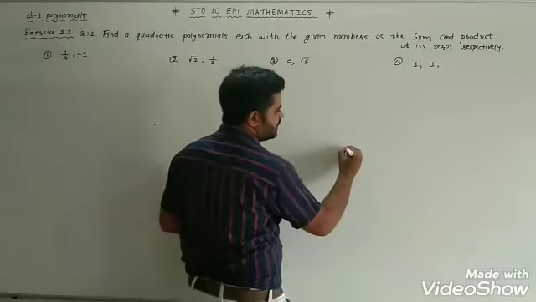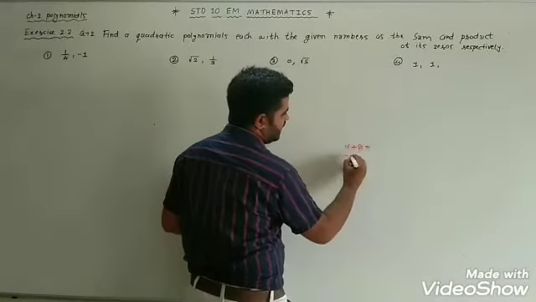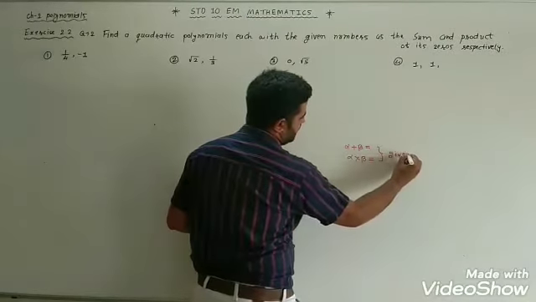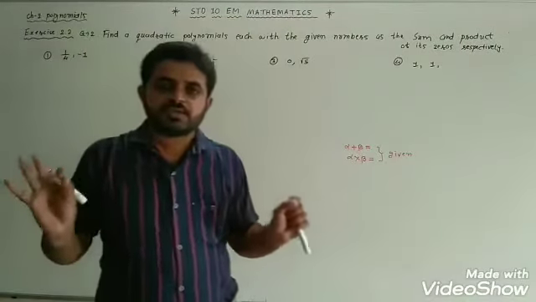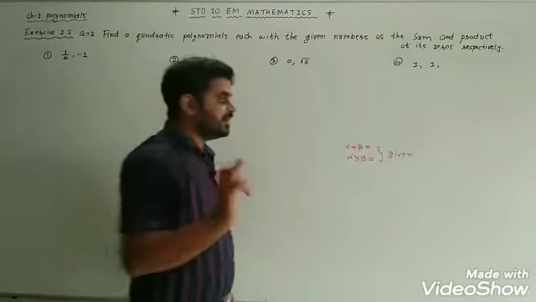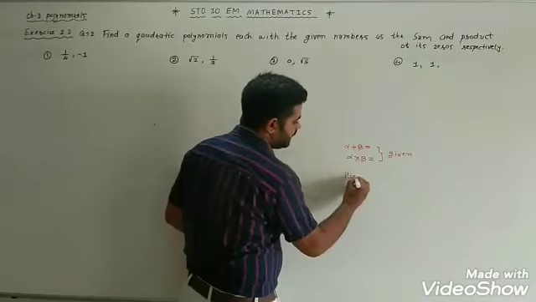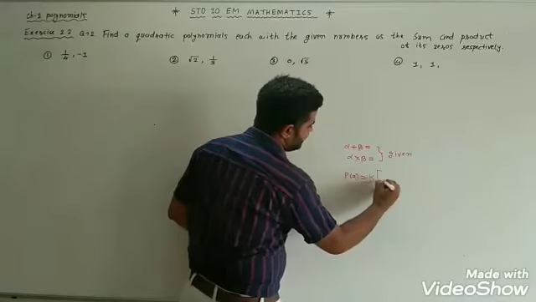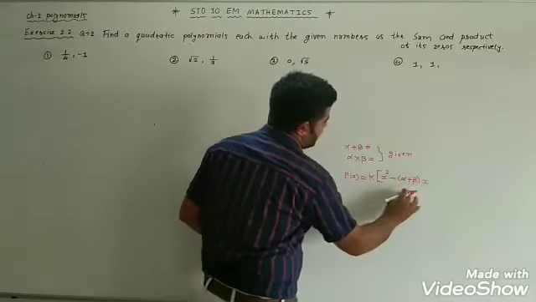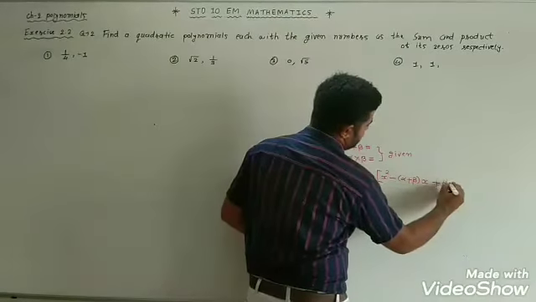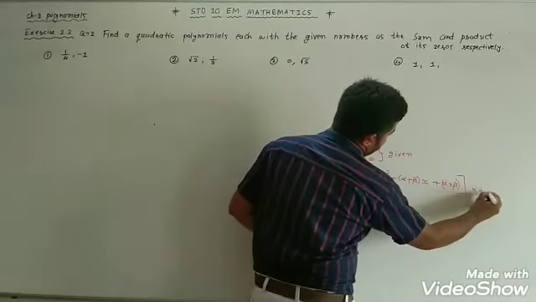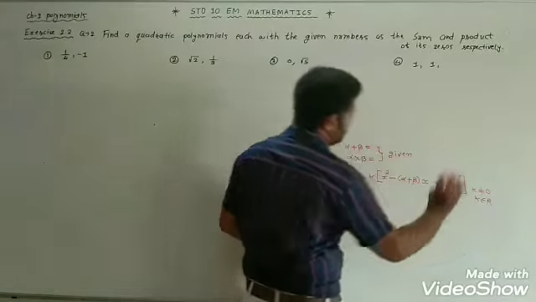If the sum of zeros, alpha plus beta, and the product of zeros, alpha into beta, are both given, then we can find a quadratic polynomial, and the formula is p of x is equal to k into bracket x square minus sum of zeros into x plus product of zeros, bracket over. K is not equal to 0, k belongs to R.